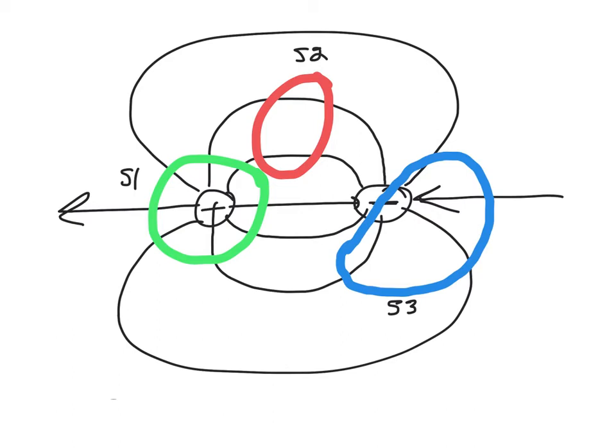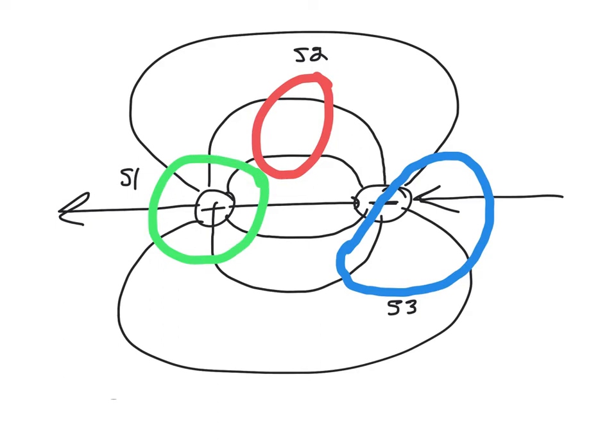So I've drawn a dipole, and we know about field lines. 8 field lines leave the positive charge, 8 field lines enter the negative charge. So we can picture the field. And if we draw, let's say, a closed surface, an imaginary circle in 2 dimensions or sphere in 3 dimensions, the green one I'm going to call S1, surface 1. And this could be a real or imaginary surface, but I'm making a surface here.